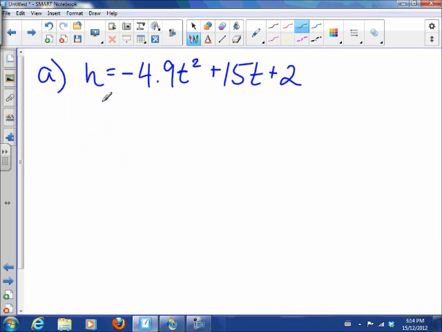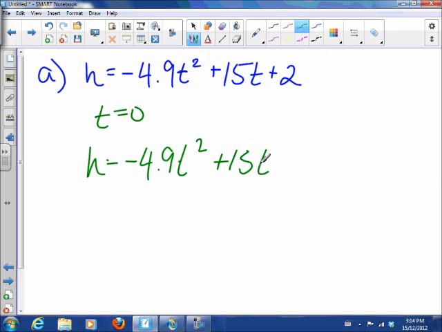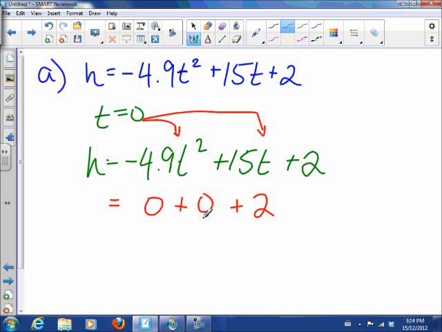So h is equal to negative 4.9 t squared plus 15t plus 2, and we're going to sub in t as 0. We get negative 4.9 times 0, which is 0, plus 15 times 0, which is 0, plus 2. So the height is 2 meters. The height of the man's arm when he lets go of the ball is 2 meters.